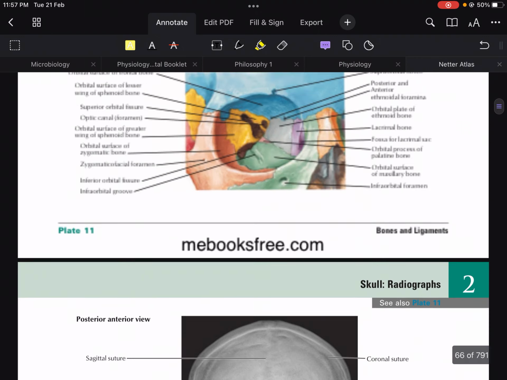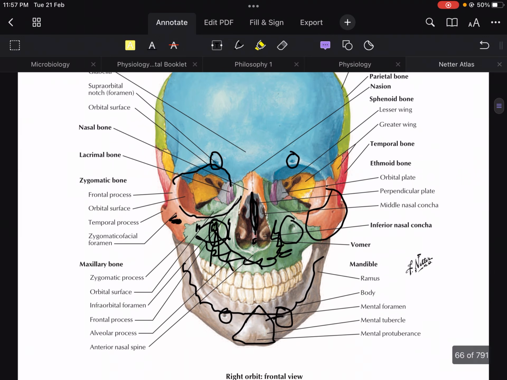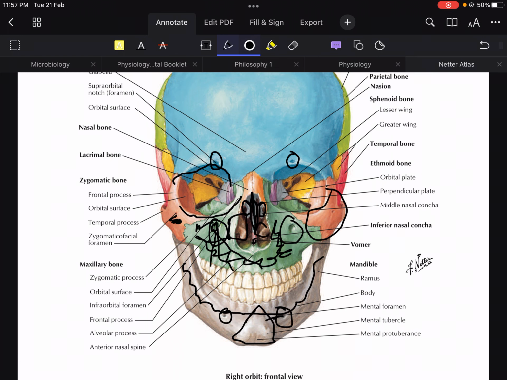Also in the nasal cavity we have another bone. We have the concha. Concha is a part of the ethmoid bone. What is the ethmoid bone? The bones that I talked to you about in the previous video or in the beginning part of this video are the bones that cover the skull, that we can see.